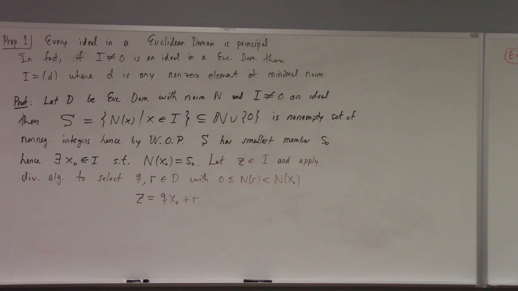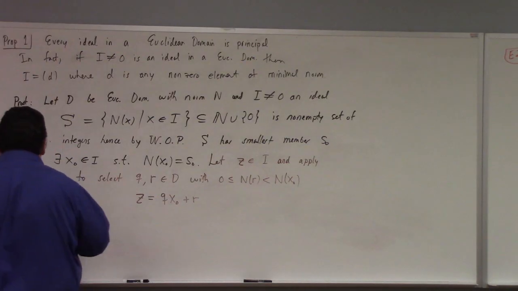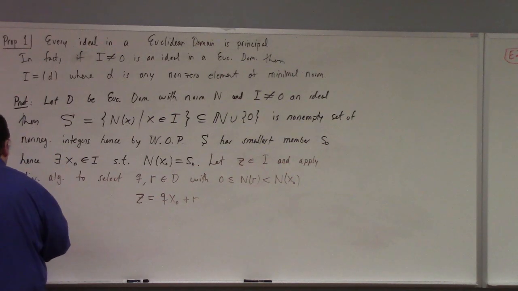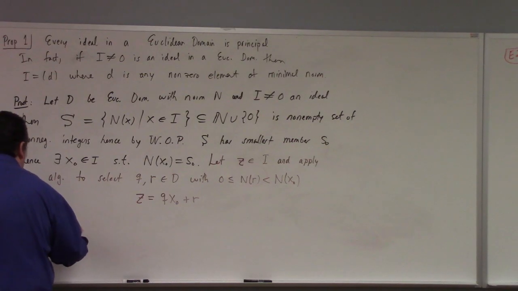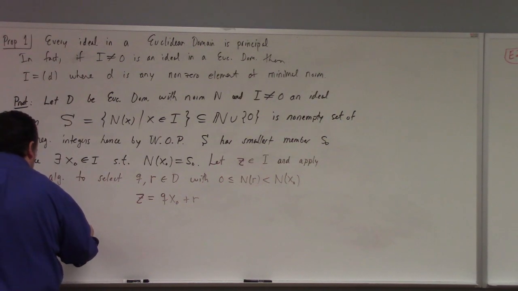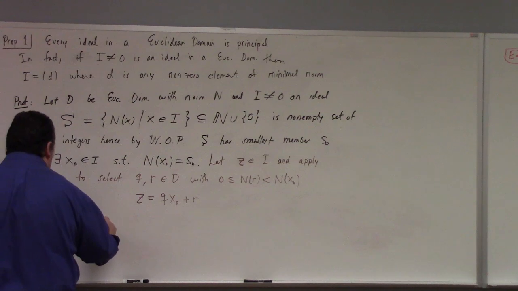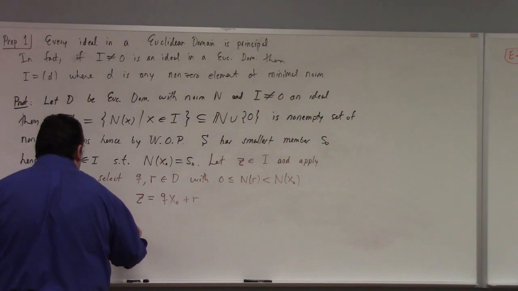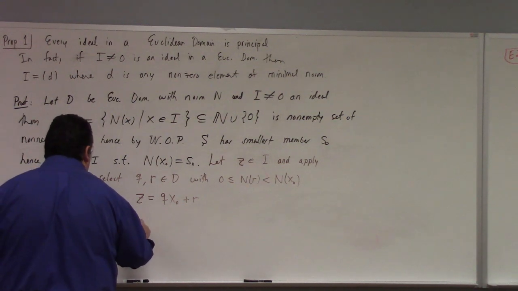All right. So that means then that we can solve for r. Well, first of all, let's take stock of where things are. Notice that z is an element of I. That was by assumption, right? And so q x naught is also an element of I. Why?